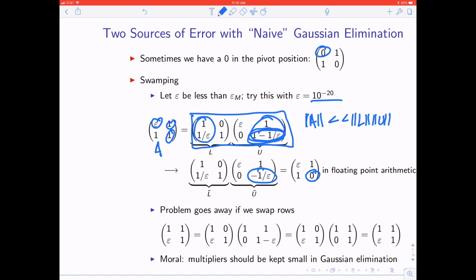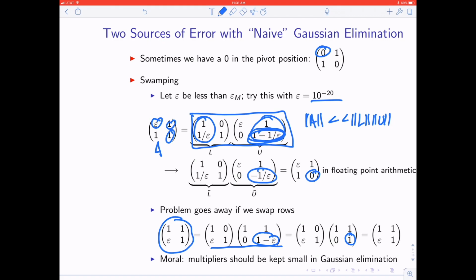This problem goes away if we swap rows. So here I've taken the rows of the original matrix A and I've swapped them, and the LU decomposition looks like this here. And if you were to carry out this matrix multiplication on a computer, one thing that would happen is that 1 minus epsilon would turn into 1 because of machine precision.